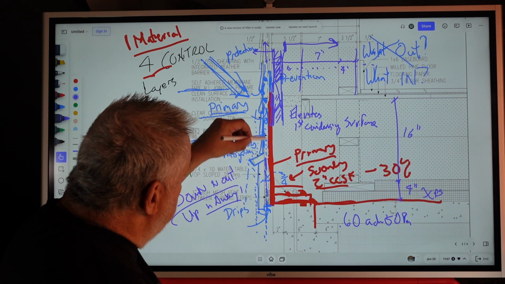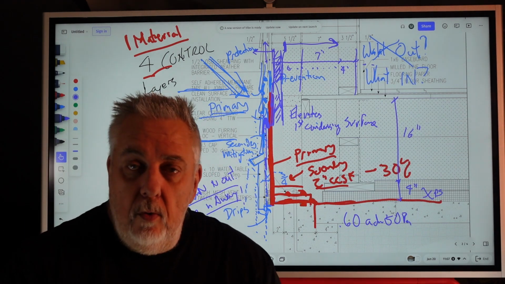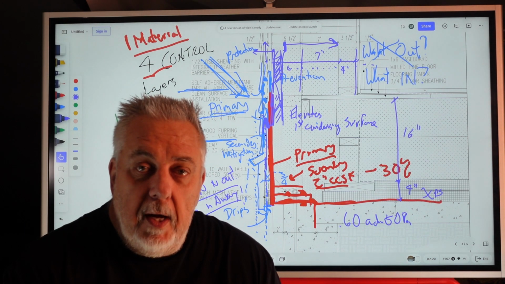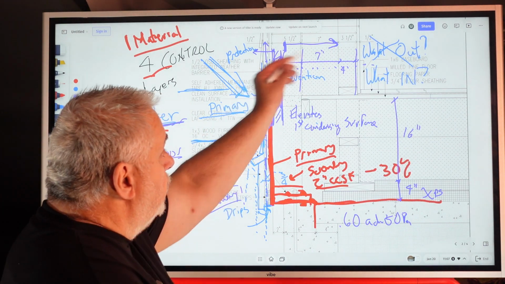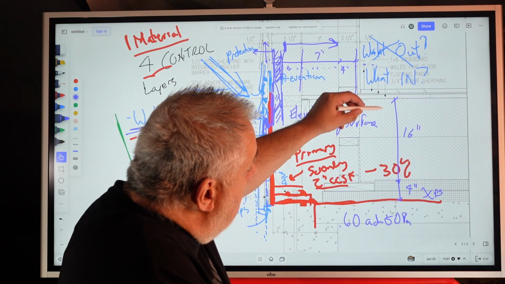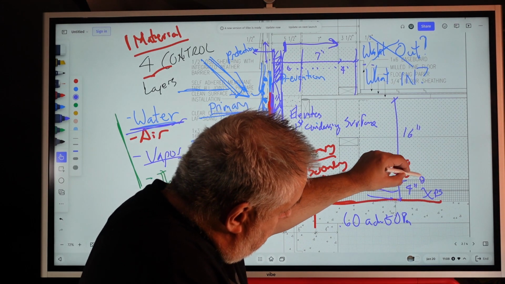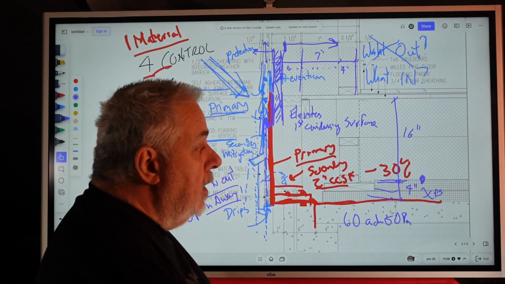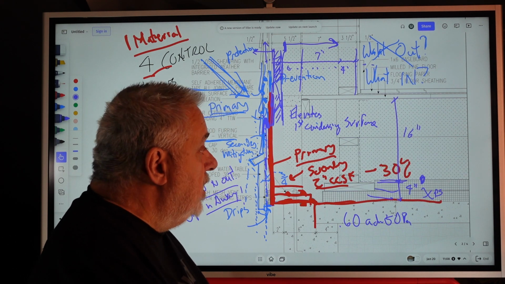It provides the ability to dry up through that 3/4 inch airspace there. So dry to the inside, dry to the outside. If we're looking down here, again, the whole reason for the 4 inches of XPS is we elevate that moisture or that first condensing surface.